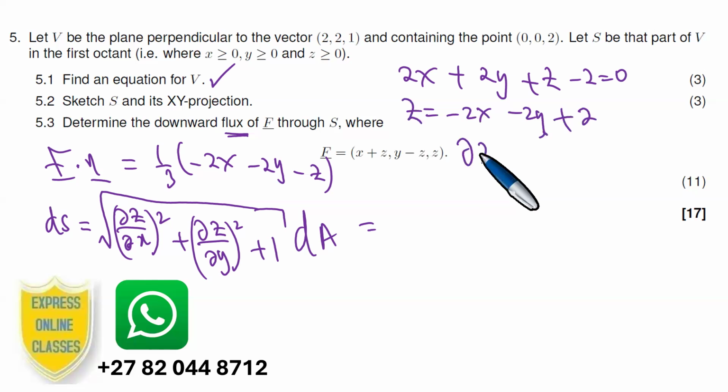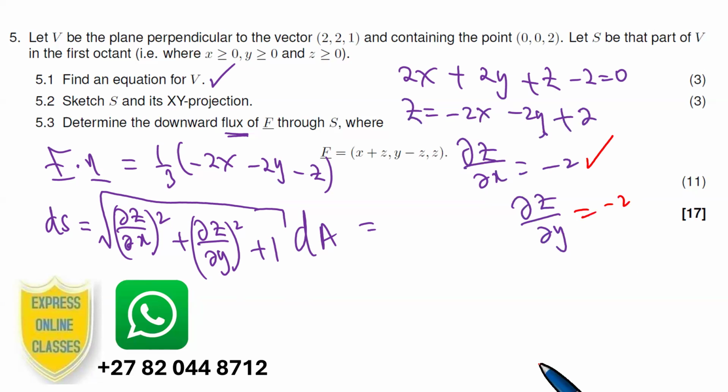And then we have dz/dx, which is minus 2. And then dz/dy, which is also minus 2. Then we find that the partial derivative of z with respect to y is minus 2.